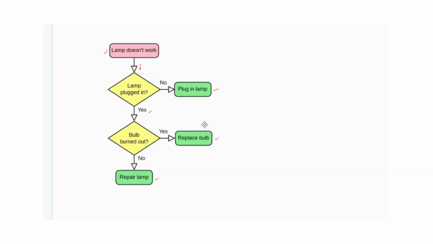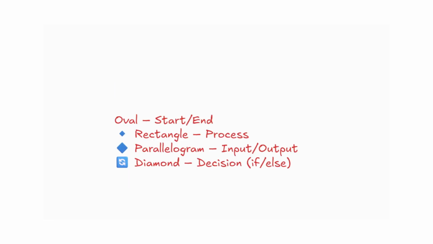If it is not plugged in, we plug it in first and then go to the next step. Then there is another step: the bulb is blown or fused. So we will replace the bulb, or we can repair the bulb, and at the end we can see that the bulb is switched on. So this is all about the flow chart.